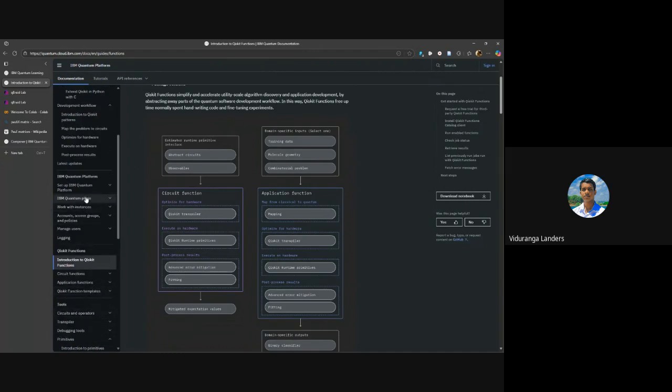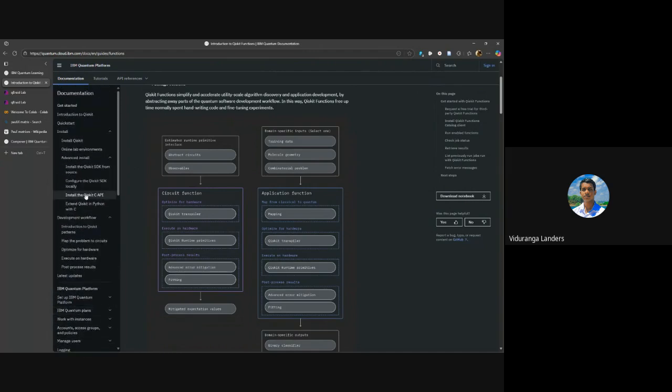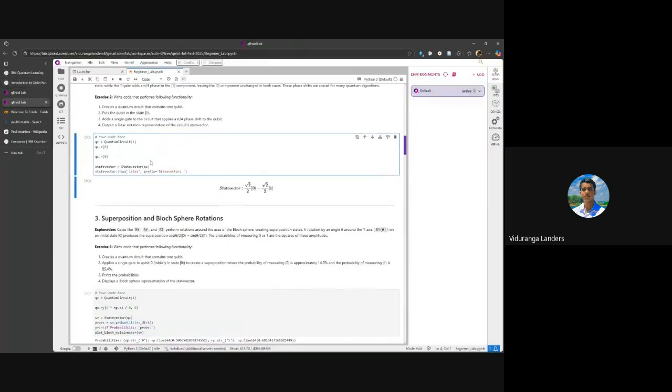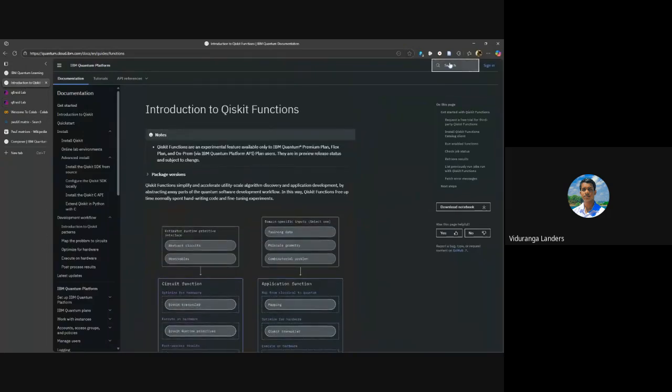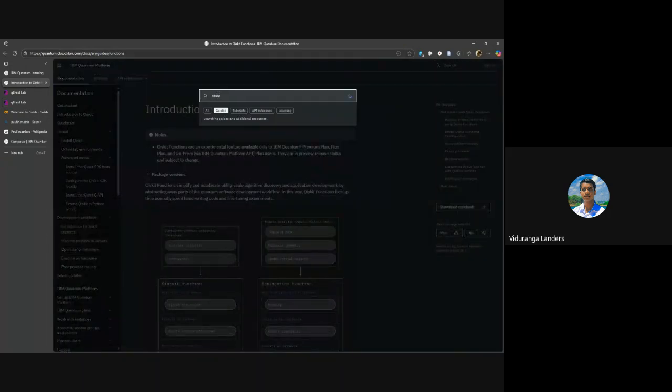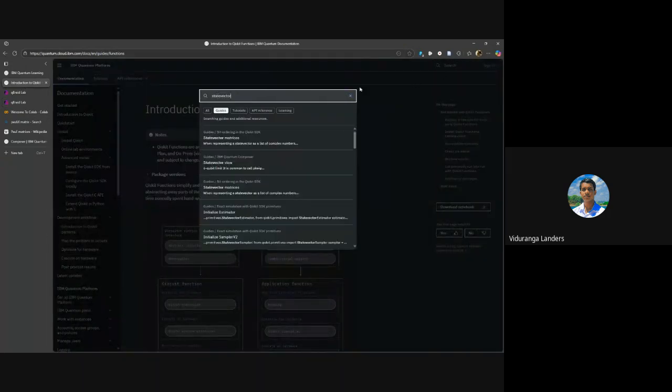If you have any doubts about how a particular function works inside Qiskit, let's say this particular state vector functionality, you can go to the documentation and also use the search.